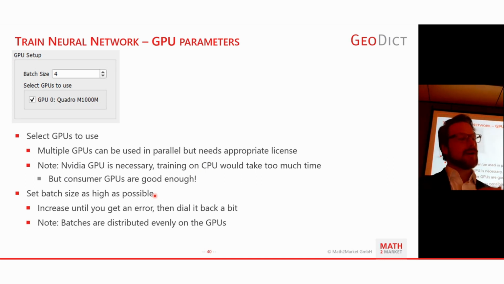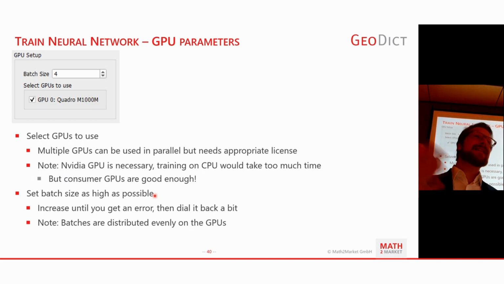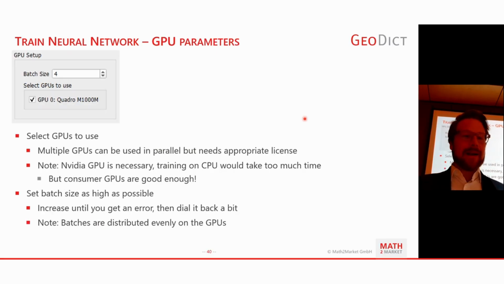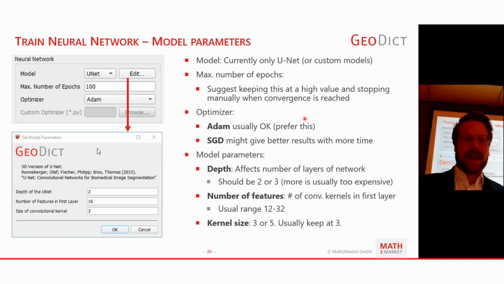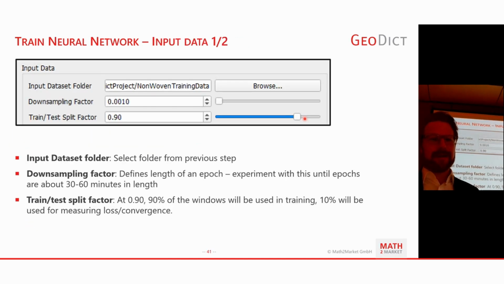So that gets a lot of communication overhead between the CPU and GPU. And the higher you can set the batch size, the lower this overhead becomes. So I would suggest increasing it until you get an out of memory error message and then dialing it down a bit. So if you change the topology of the network, if you change these parameters down here, the amount of memory changes. So you will then possibly have to change the batch size that you can run.